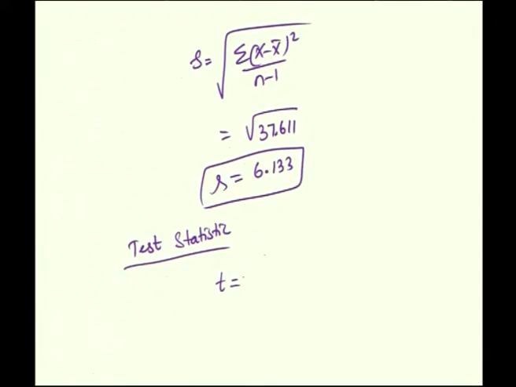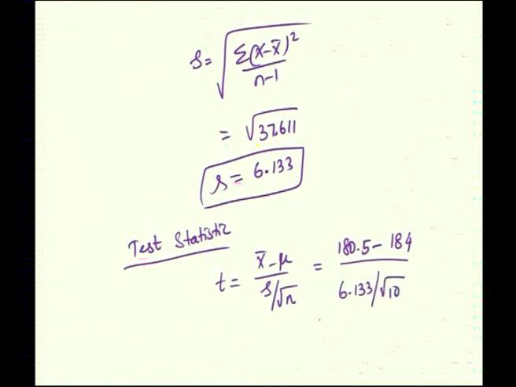So we use the t formula, t is equal to x bar minus mu divided by s by root of n. X bar is 180.5 and mu given in the question is 184, divided by s, which we have just calculated, 6.133 divided by root of 10, which is approximately minus 1.80. This is your t value.